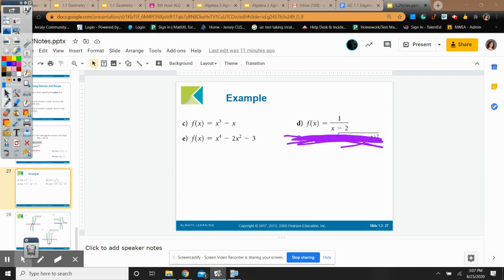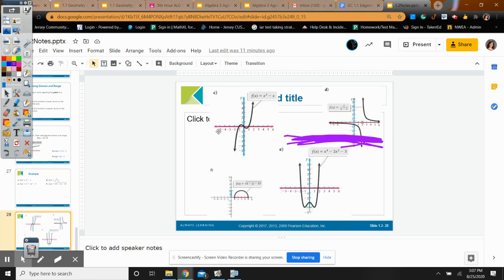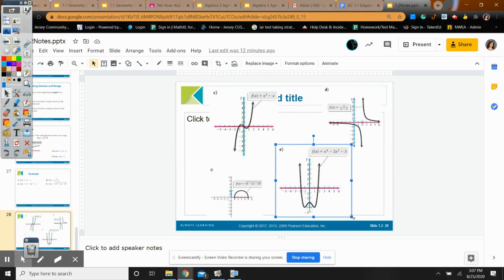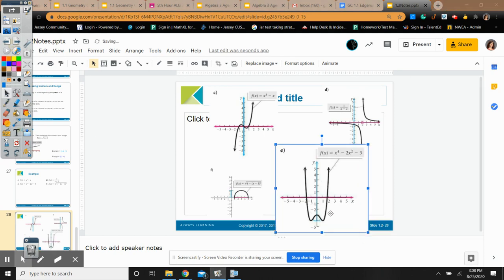As far as the range goes, you would go ahead and graph it. Here's the first graph, the up or down. The range on this one is also negative infinity to positive infinity. The range on the x to the fourth one here, I don't know if you can see it. It looks like it bottoms out here at negative 4. It can be negative 4, so the range will be negative 4 and up forever. It's always small number to big number.